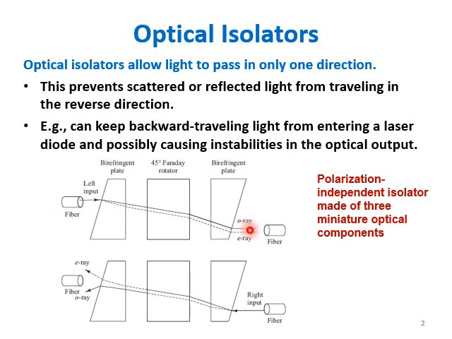This is the polarization independent isolator, consisting of the birefringent plates and the Faraday rotator, as shown in this diagram. The birefringent plates are made of TiO2, which is the material composition for these plates.